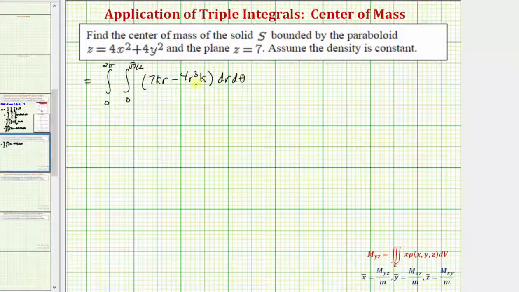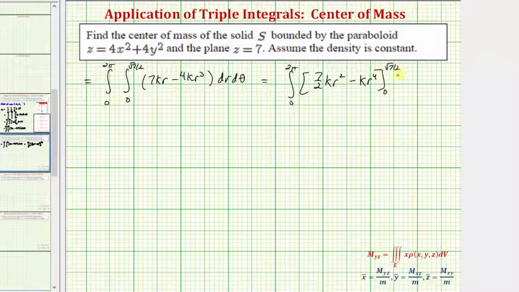Let's go ahead and write this as 4kr cubed. Integrating this back to r, we're going to have 7k times r squared divided by 2, or 7/2 kr squared, and then minus 4k times r to the fourth divided by 4, so we'll have just minus kr to the fourth.